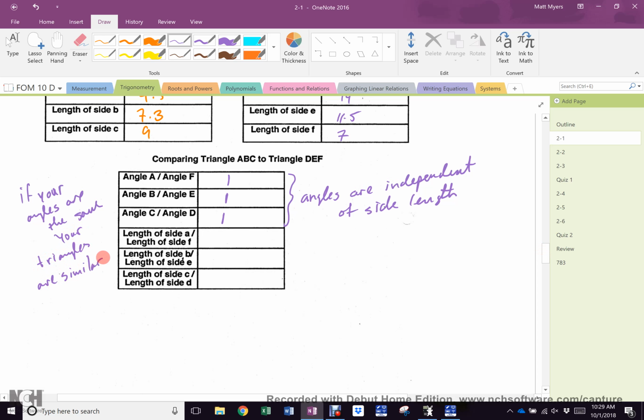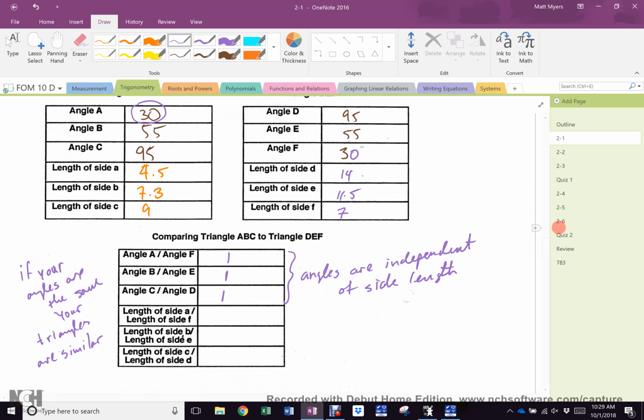I've already said that on the first page. It means something. So now let's check. What is the length of side A? We said it was 4.5, yes? And the length of side F was 7. So I'm dividing that by 7. What does that give me for an answer?